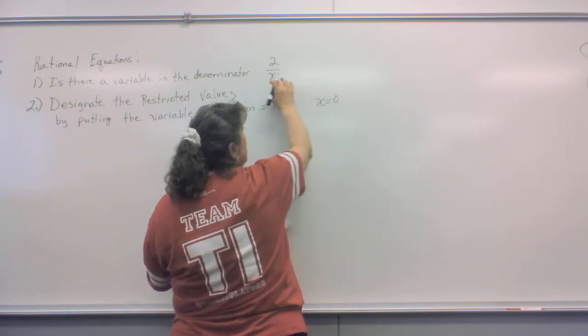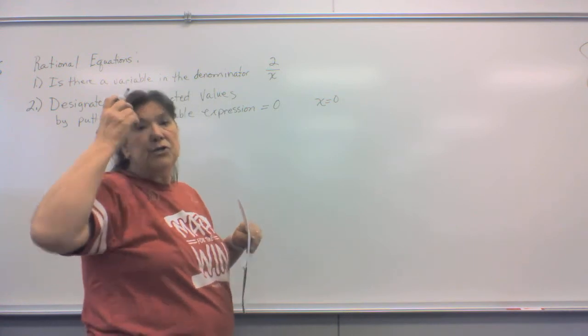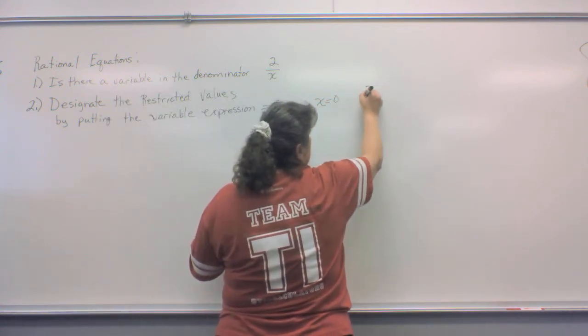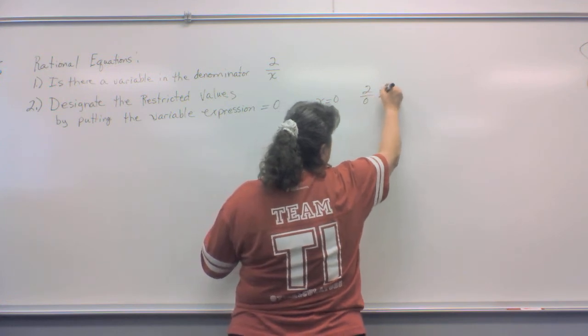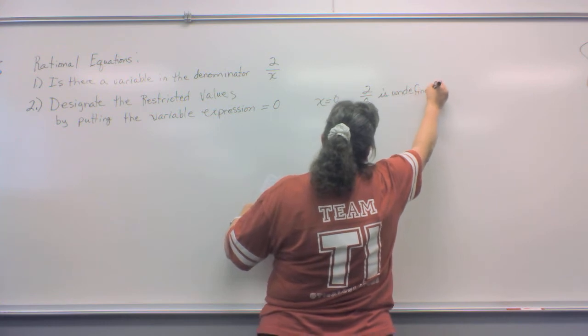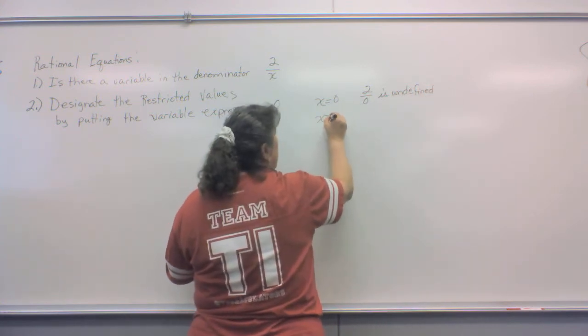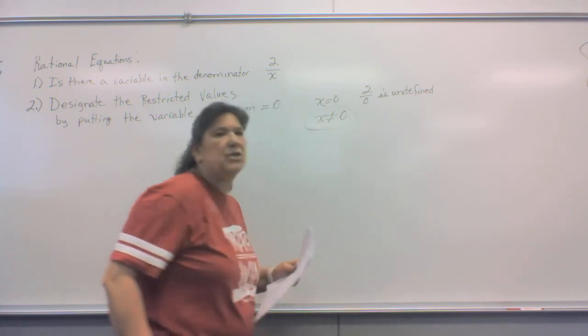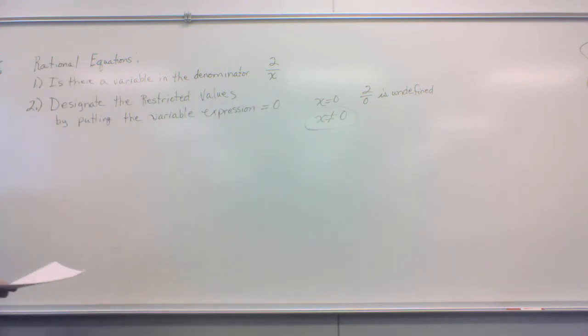If 0 is in the denominator, 2 over 0 is undefined. And because 2 over 0 is undefined, x cannot equal 0. And this would be your domain expression. x cannot equal 0.